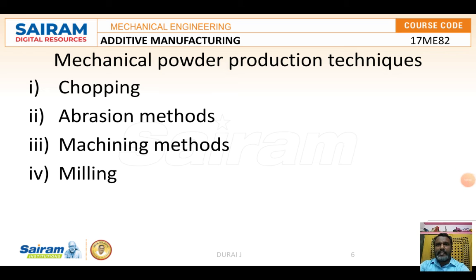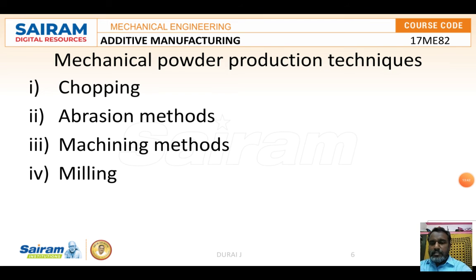In the chopping technique, hard steel wire of small diameter, in the range of a few decimals of a millimeter, is cut into small pieces with the help of a milling cutter, and it is employed to manufacture cut wire shot, which may be used in the shot peening method. The main disadvantage of this method is that it is the costliest method, and it is also difficult. Okay, so this is about chopping.